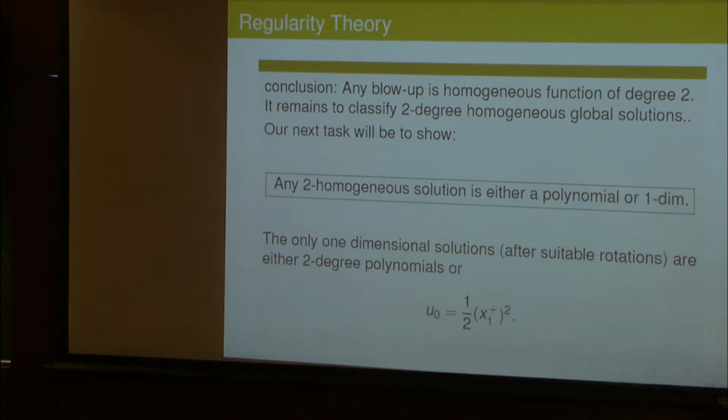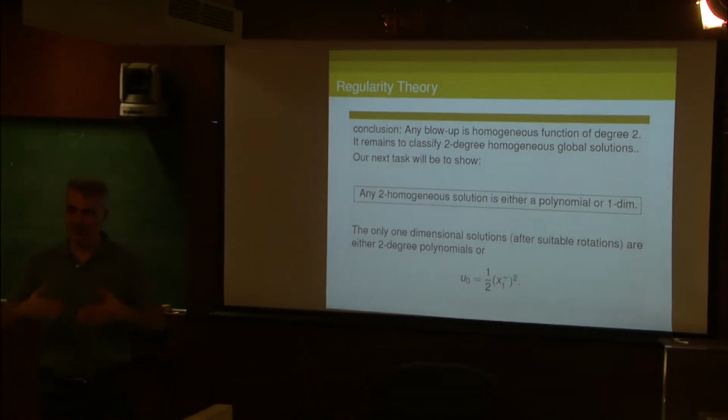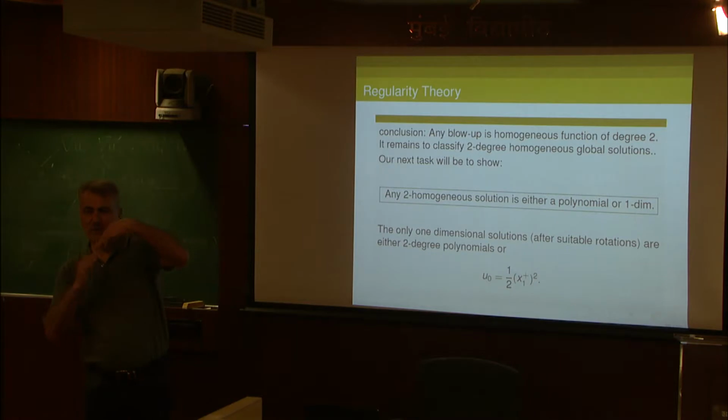The problem is that it still doesn't say that different blow-ups give you the same solution. It just says that all blow-ups are going to be homogeneous. It might be this one, the half space, or this one, I don't know. And you already see here that it can rotate all the way, and there is no possibility of seeing that the free boundary is a graph.